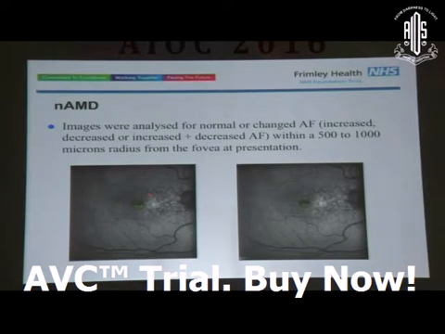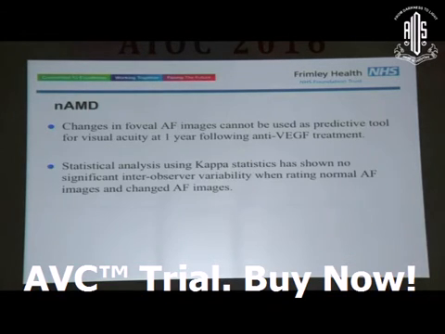So what we did was analyze for normal or changed autofluorescence, i.e. increased or decreased, or increased and decreased pattern around the 50 micron, 500 and 1000 microns. And like I said, it did not prove to be a predictive tool at the end of 1 year. However, the kappa statistics did show that there was no significant inter-observer variability when you were rating the autofluorescent images themselves.